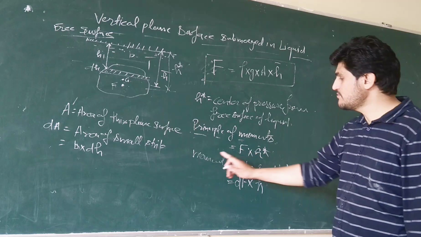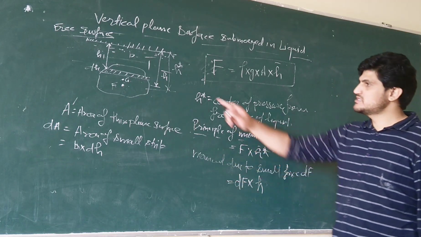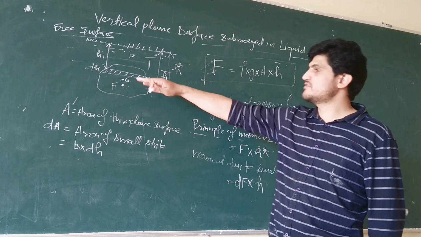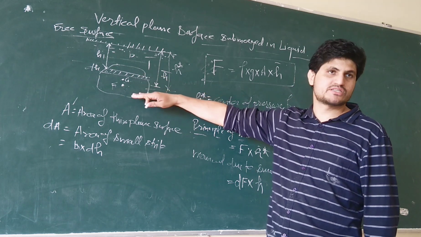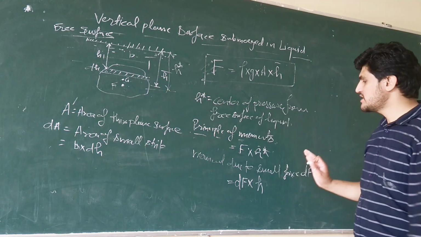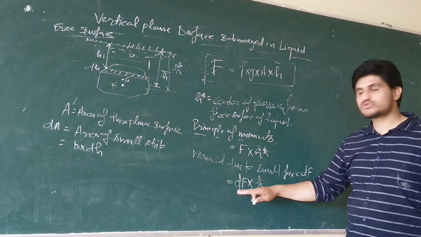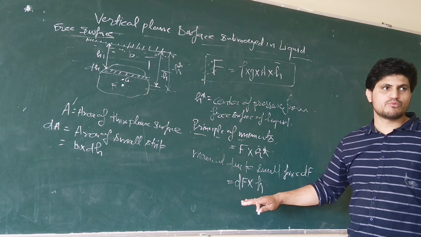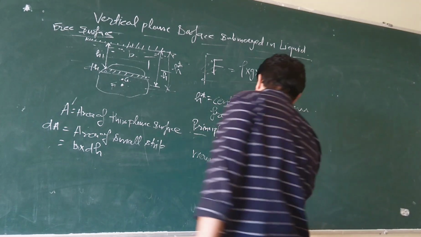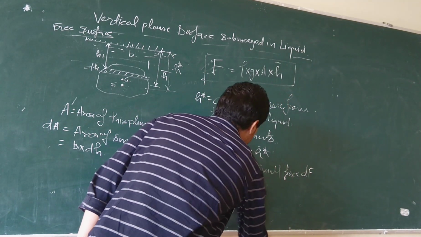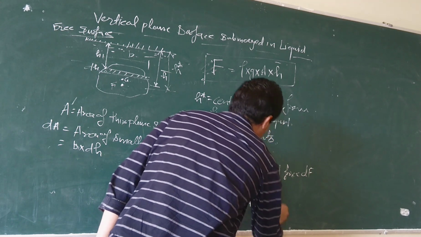The sum of all these moments, because this area is composed of a number of strips. Over the whole surface, the moment due to the small forces will be equal to the integration of dF multiplied by h.